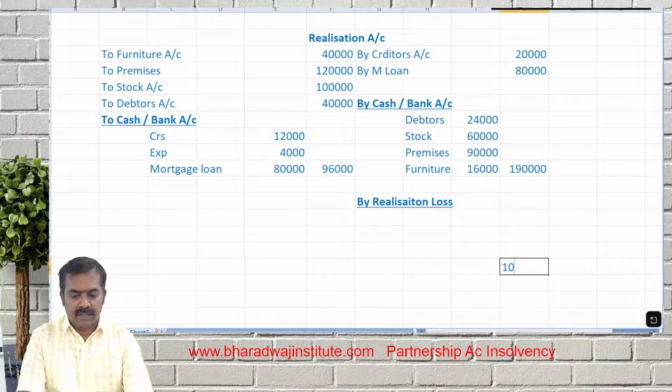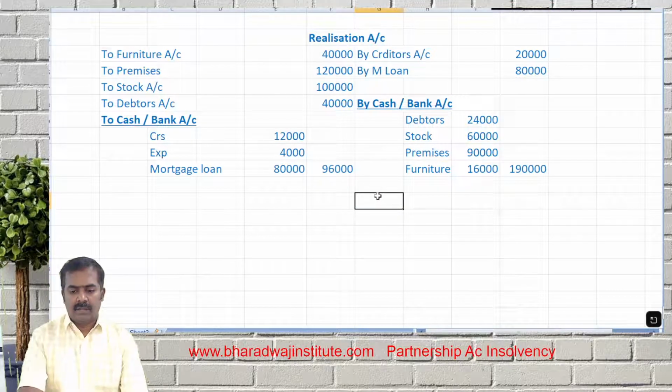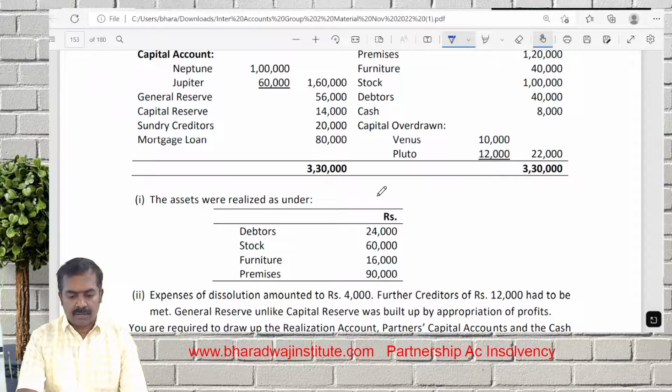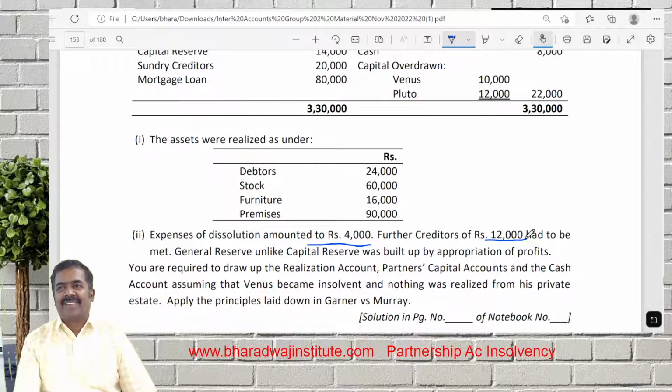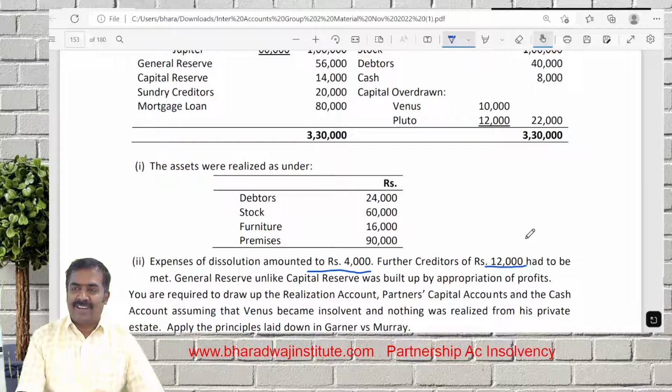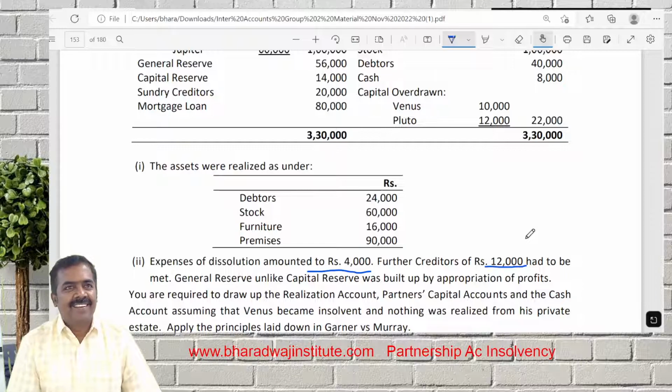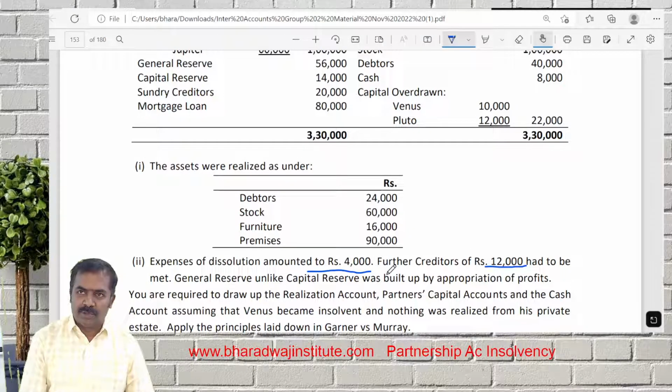106. Creditors ஒரு டவுட். Further creditors of 12,000 had to be paid, na 20,000 plus 12,000? இல்ல. Further means in addition to the realization expenses, creditors 12,000 had to be paid now. நீங்க 20 plus 12 அப்படி இல்ல, டிஸ்கவுண்ட் எடுத்துக்கலாம். அதாவது expense on realization amount to 4,000.